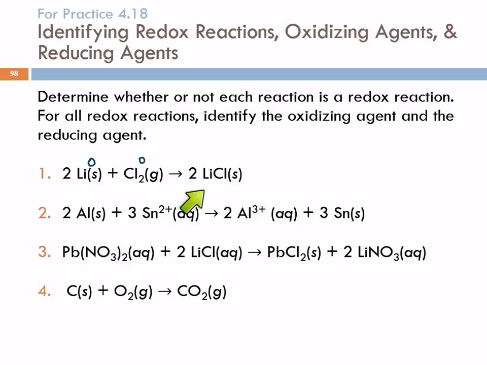Okay, here we have this ionic compound, metal, non-metal. What's the charge on the lithium in the compound? +1. What's the charge on the chlorine? -1. Did lithium lose an electron? Yes, it did. That's the only way that it can go from being a lithium atom to a lithium ion. It loses an electron.